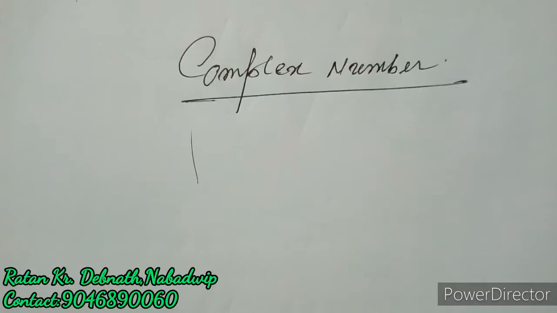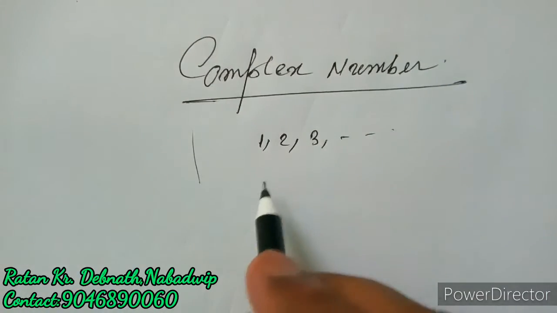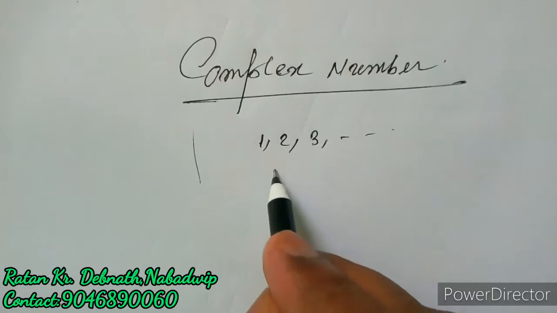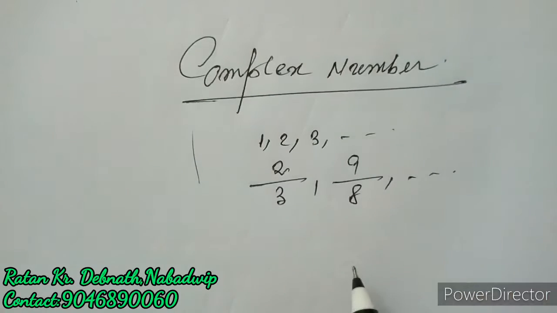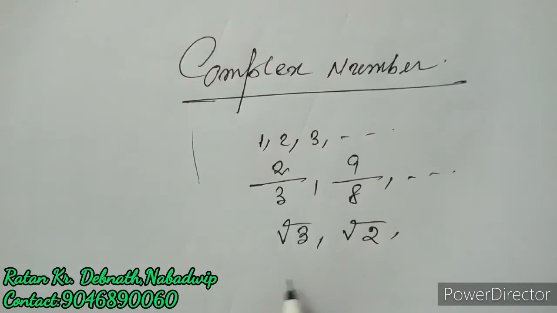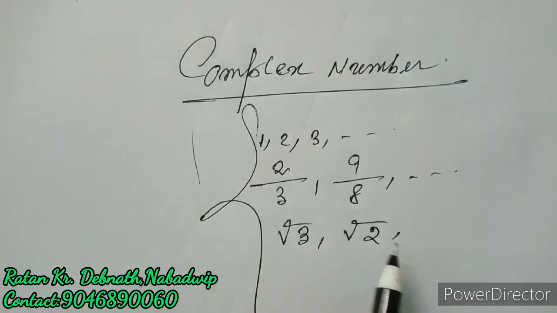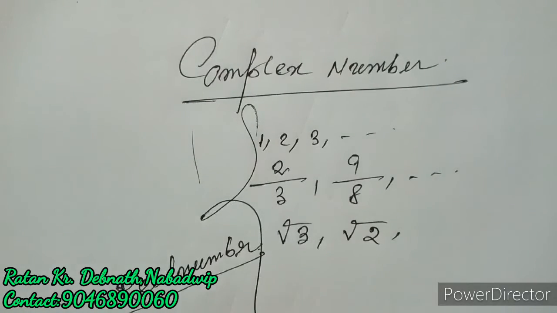In previous classes you have learnt about natural numbers like 1, 2, 3, etc., rational numbers which are in p by q form, like 2 by 3, 9 by 8, and so on, irrational numbers, and integers. All of these numbers at a time we call the real number system.